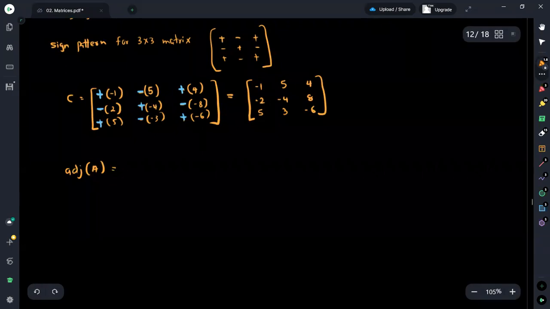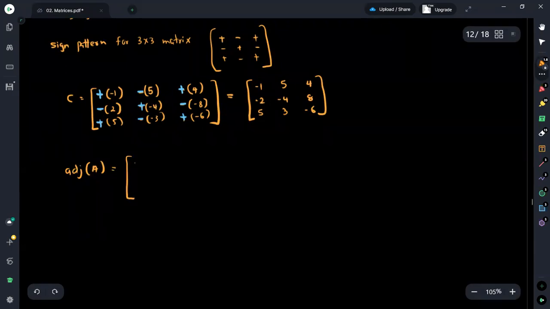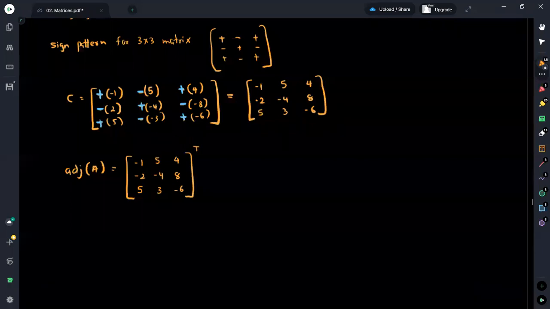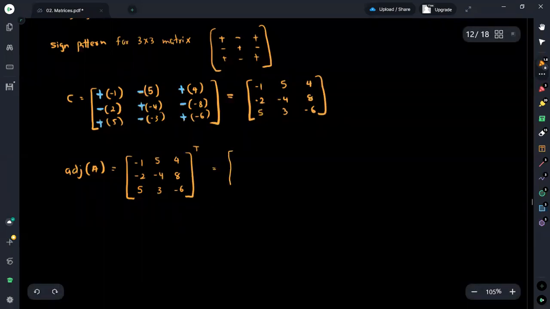Then this is equal to the transpose of this matrix: -1, 5, 4, -2, -4, 8, 5, 3, and -6. And we take the transpose of this matrix. Transposing of the matrix is interchanging the rows as columns.